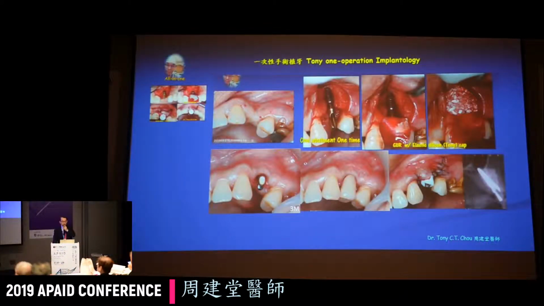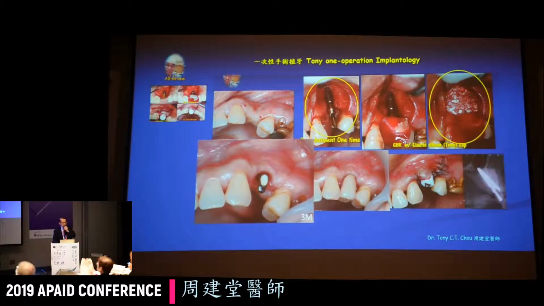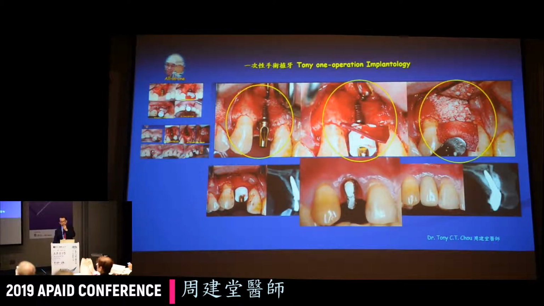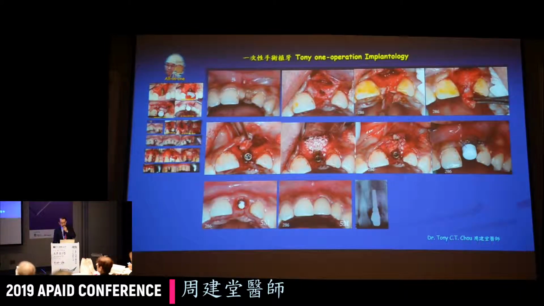Even in a very difficult situation like this case, we also combined the GBR procedure in the same operation. And you see, we compare this is before and this is after 3 months later. Look, we have a very good result. And this is the same very difficult situation we performed in one operation, and also we have a good result.